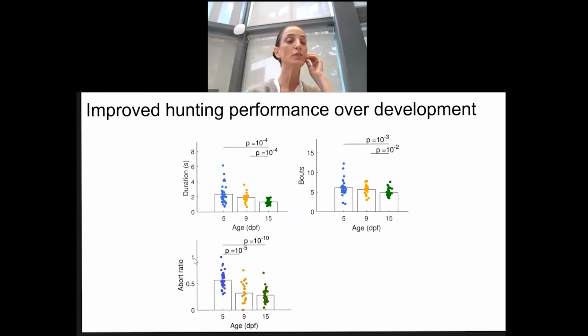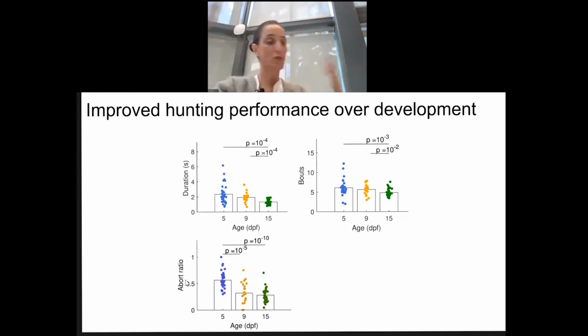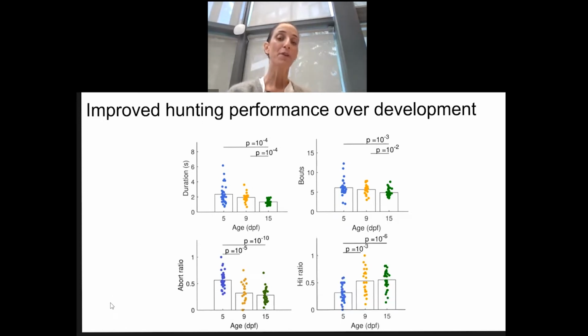First we looked at the ratio of events where the fish started hunting and then aborted the event for reasons that we don't know, and the ratio of the events where the fish succeeded in capturing the target. You can see that as the animal develops, it succeeds in hunting the targets much better. So behavior does improve.